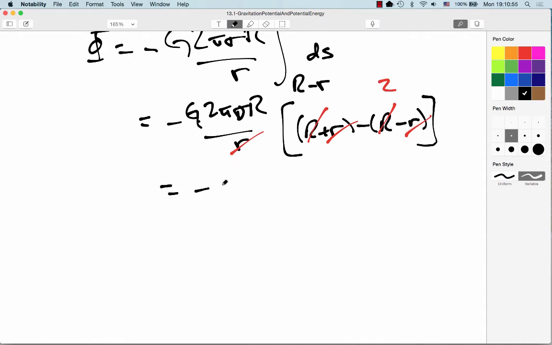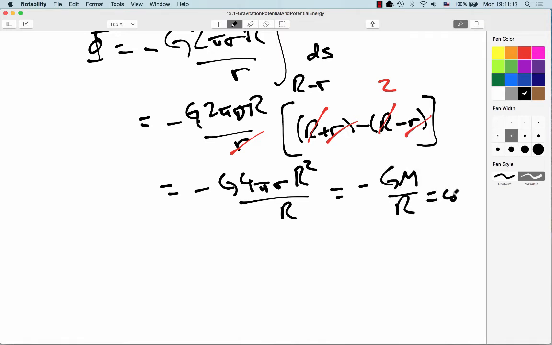So we're just left with minus G times 4 pi sigma. And we have one R already, but to just make it a little more informative, we'll multiply and divide it by R so I can still get my big M. So the potential is minus GM over R, but the key thing is it's a constant.